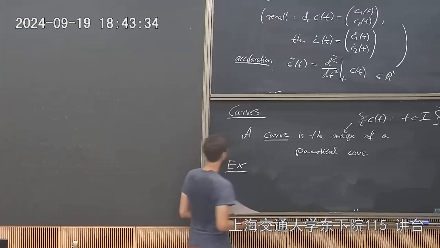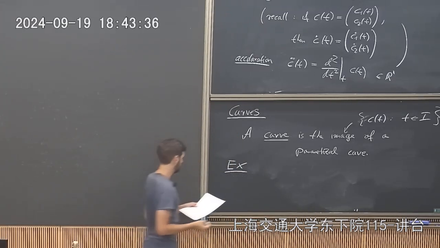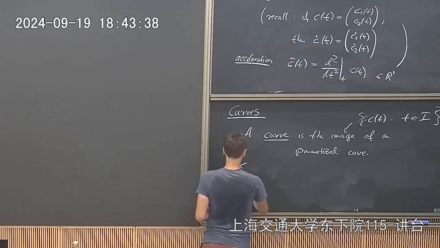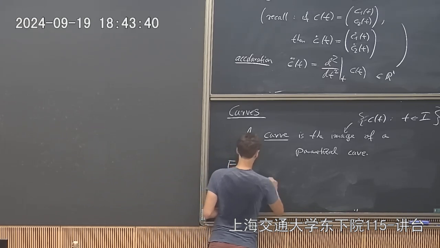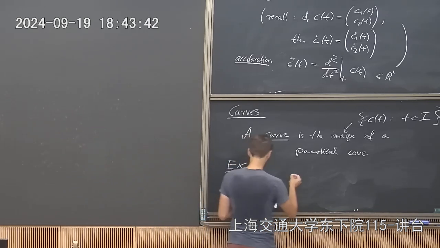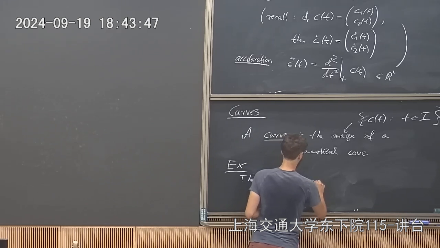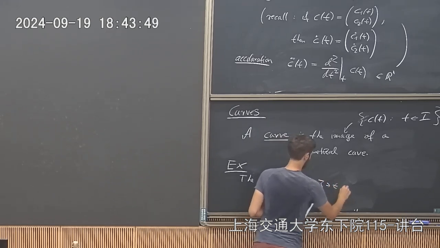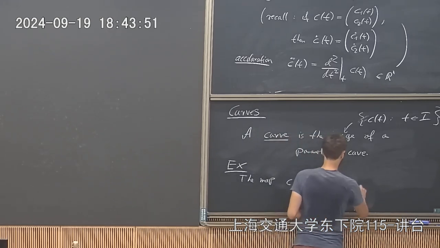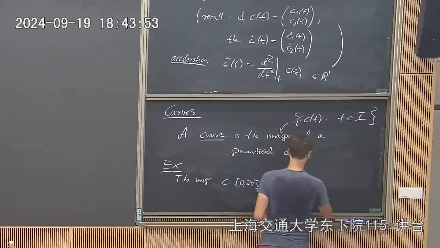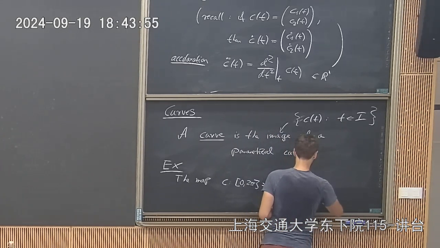Just as a very quick example, we all know that we can, for example, have the curve which is defined on the interval of 2 pi, and that sends t to sine and cosine of t.